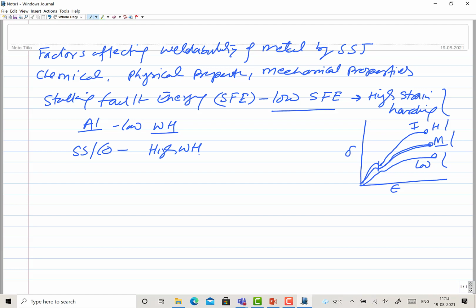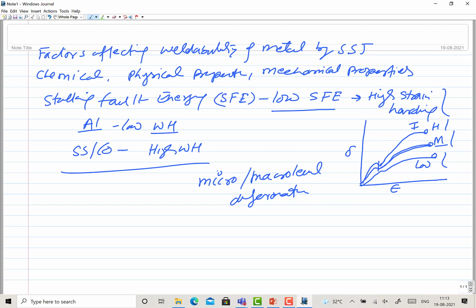So what happens, in solid state joining, what you need is either micro or macro level deformation. This is the requirement to have the metallic intimacy and the close contact between the components to be joined.